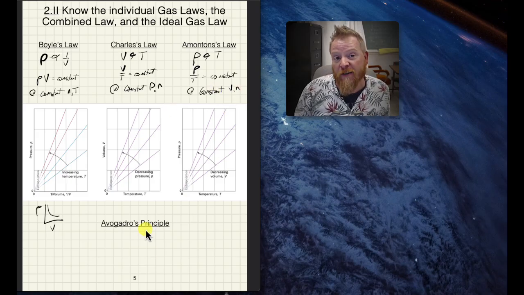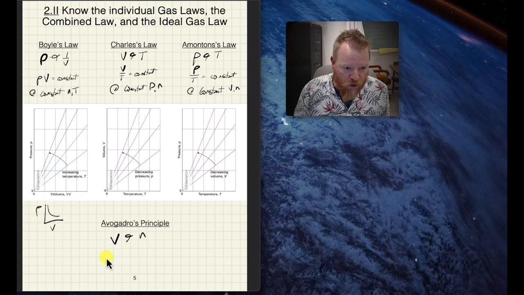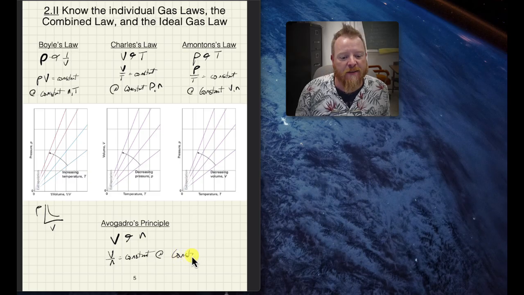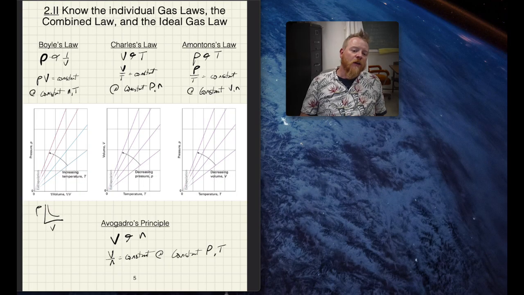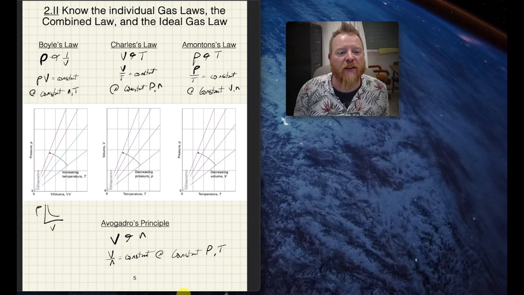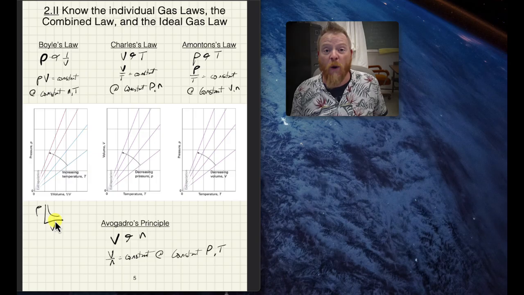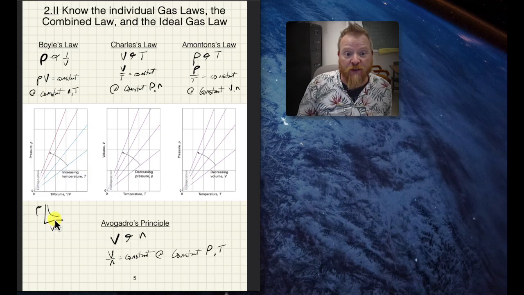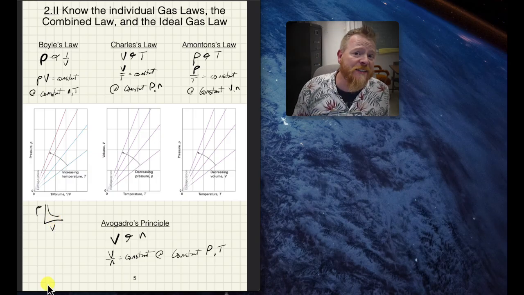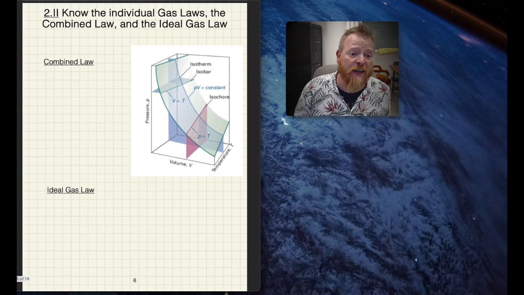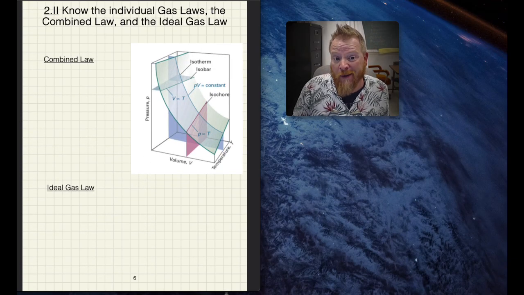And for that, we rely on Avogadro's principle, which states the volume of a sample is directly proportional to the number of moles, or V divided by N equals a constant at constant pressure and temperature. So in general chemistry, you spend a lot of time going through these different equations and using math to work through the relationships. We're going to skip right past that and kind of look at them in this combined way.